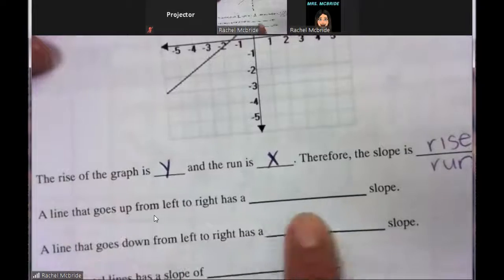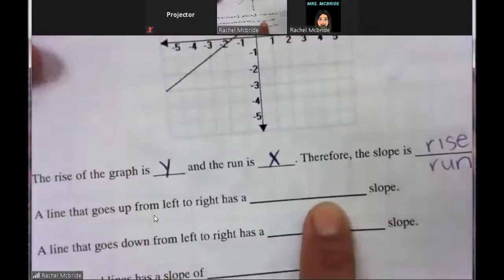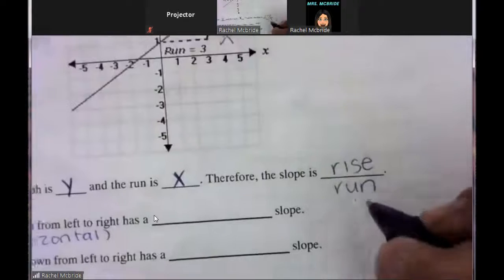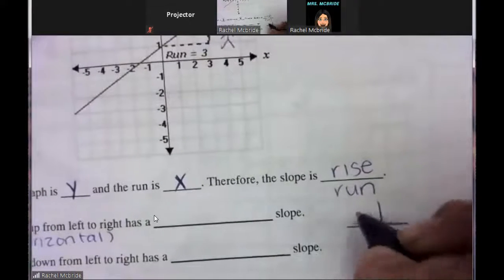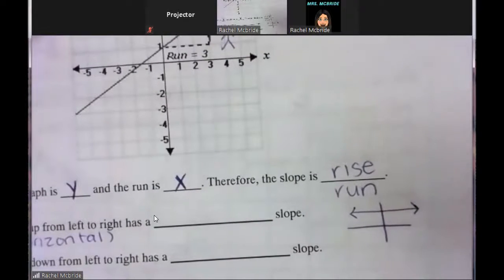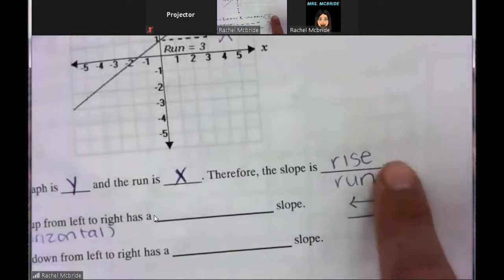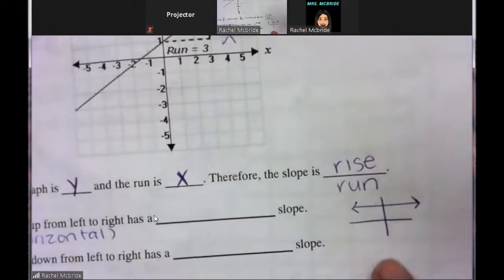A line that goes from left to right. So if you have a horizontal line, what's the slope of a horizontal? We talked about that yesterday too. A horizontal line has a slope of what? So there's a horizontal line. What's its slope? Is it rising at all? Go ahead, Abby.